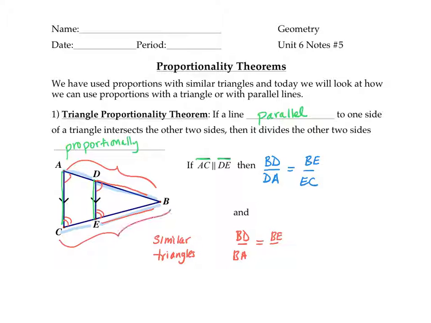That would correspond to this whole side, BC, in the same way that line segment DE, that's the third side in that small triangle, corresponds to line segment AC, the third side in the big triangle. The similar triangles, if you want to name them, would be triangle BDE similar to triangle BAC. And again, they're similar by the angle-angle similarity.